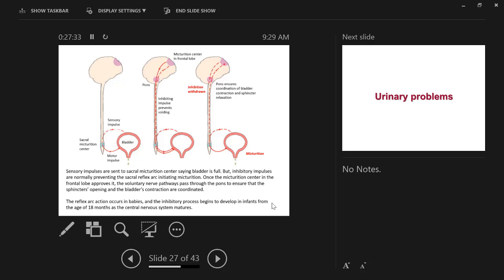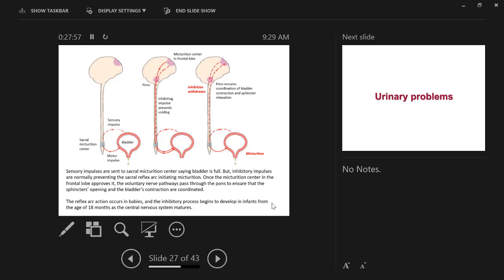Okay, so like I said, the reflex is just local here, but it sends a signal all the way to the frontal lobe, but it's inhibiting. Once it approves, then micturition occurs. That's the system.